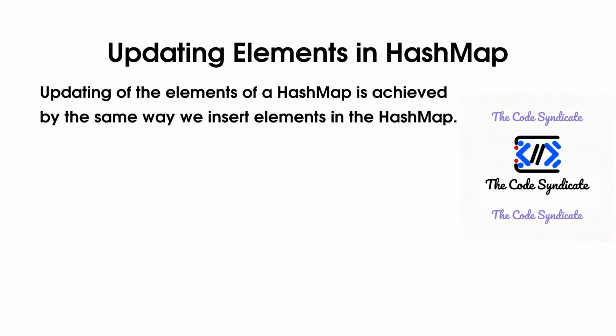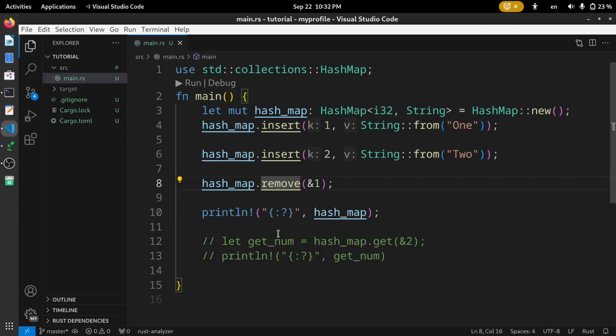Updating elements of a hashmap. Updating the elements of a hashmap is achieved the same way we insert an element in the hashmap. For example, let's say we want to update this element which has the key 1, and let's change this 1 to something like 50 or whatever you want.